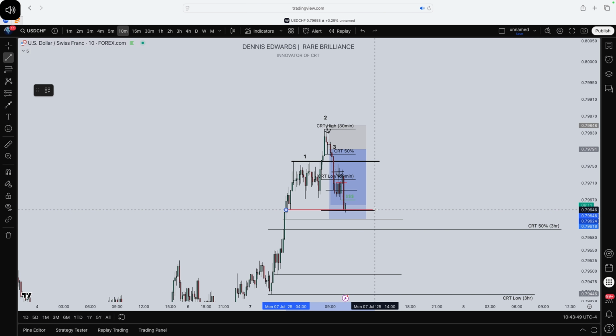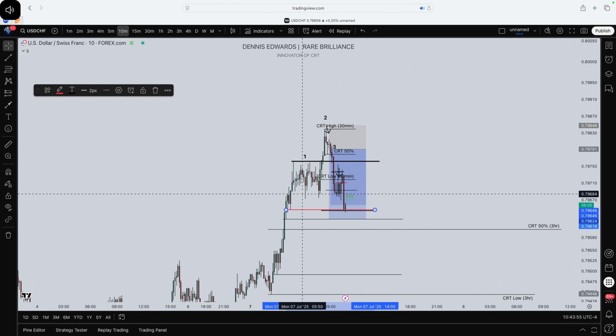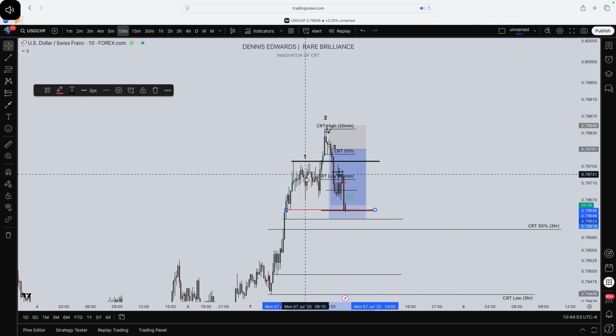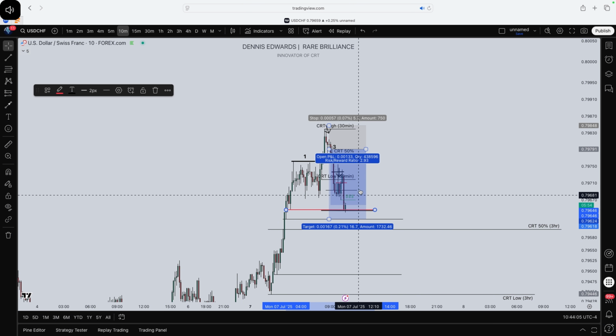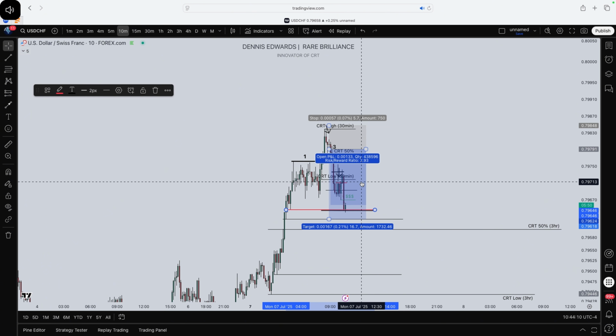It contains a good strength of liquidity within it. So it's just something that you want to look out for, because it could potentially cause a shift within the market, even if it's a small one.